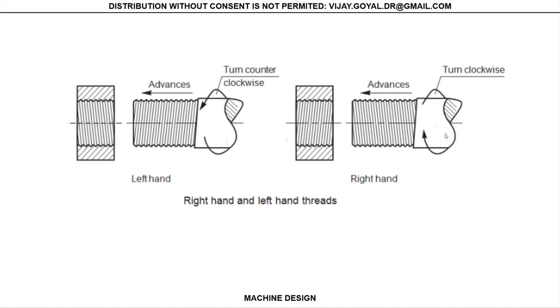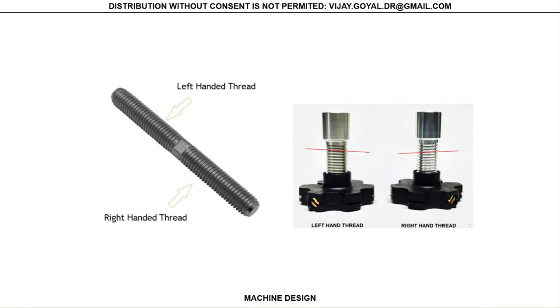One side will be right hand, the other one will be left hand, so it's easy for you to tighten it up. This is an example of that. You can see that you have one power screw, but one side is right-handed and the other one is left-handed.